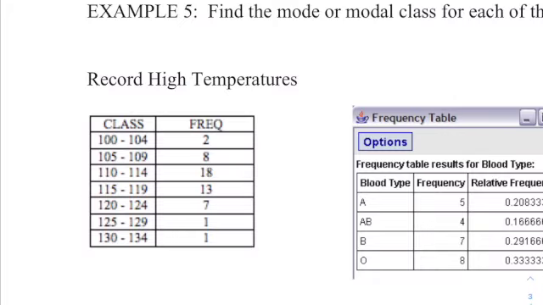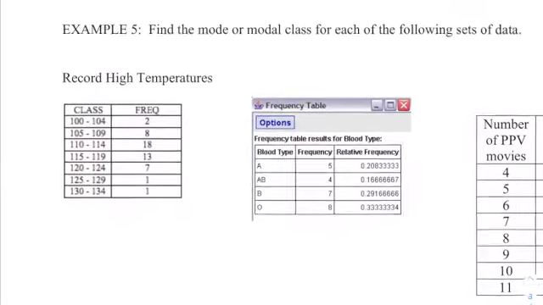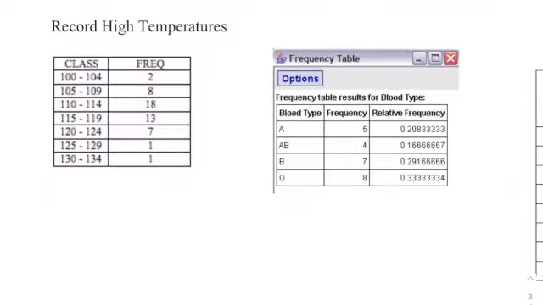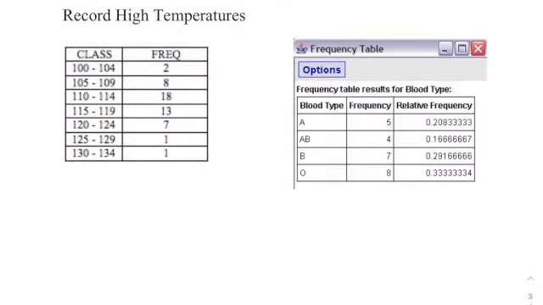In example 1, right here, it says the record high temperature. If you're looking at the record high temperature, you will notice number 18 is the highest frequency.